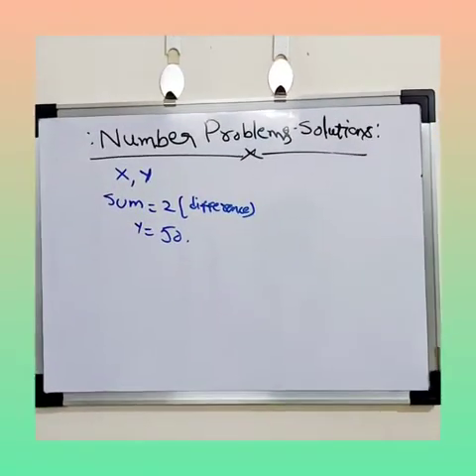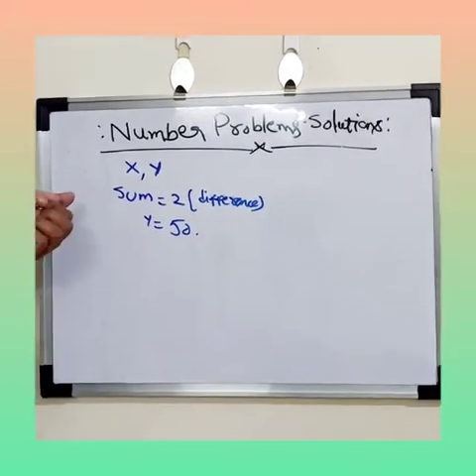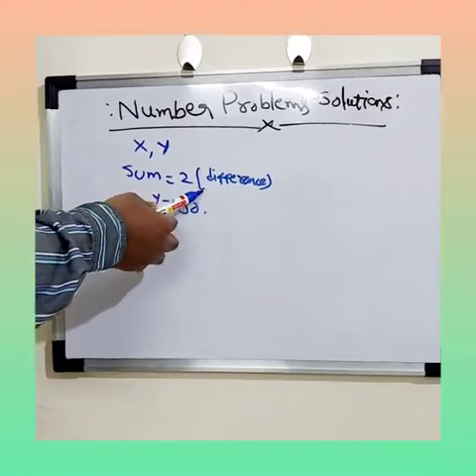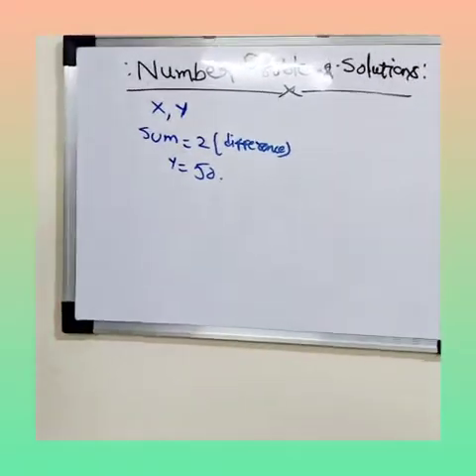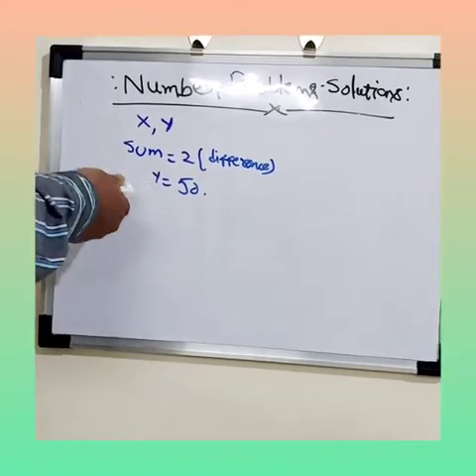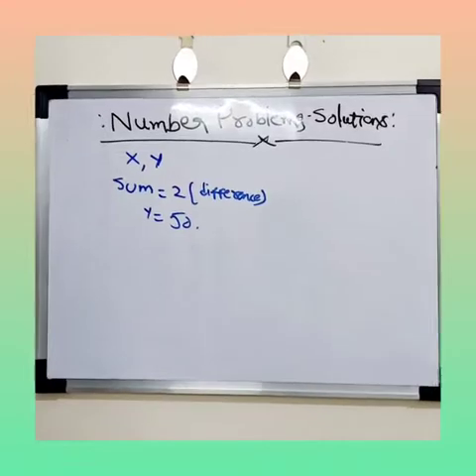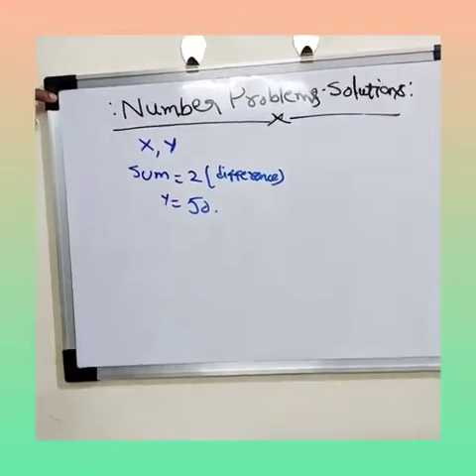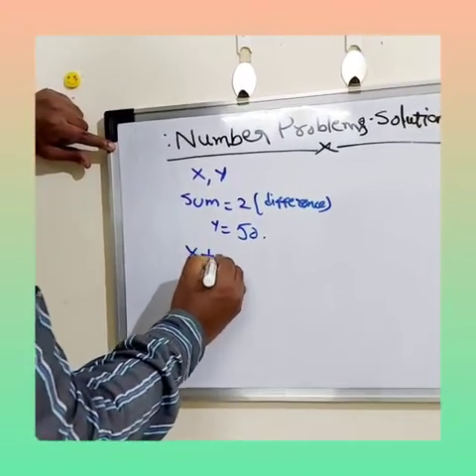So to solve this problem, the condition given is that the sum of the numbers is equal to twice their difference. But in the problem, they have given the value of y as 50. To solve that, first we need to apply simple logic. The sum of the two numbers is x plus 50, because the value of y is given.